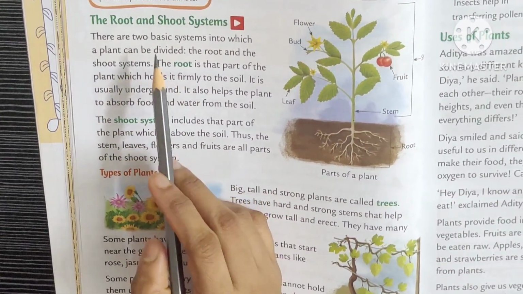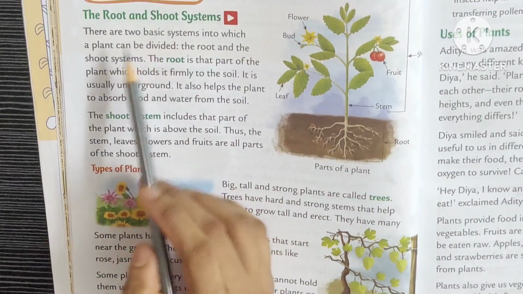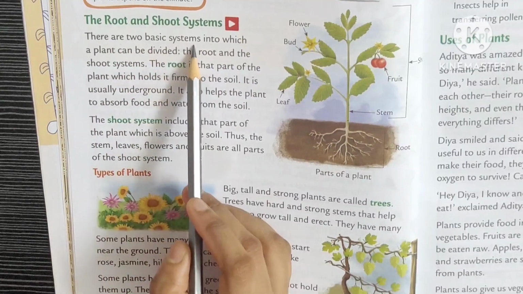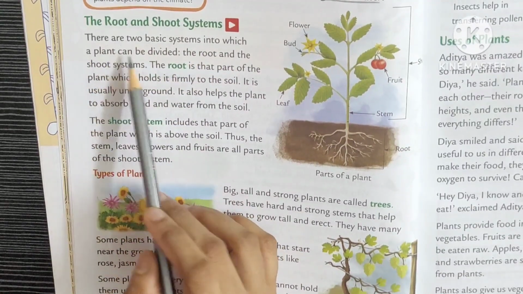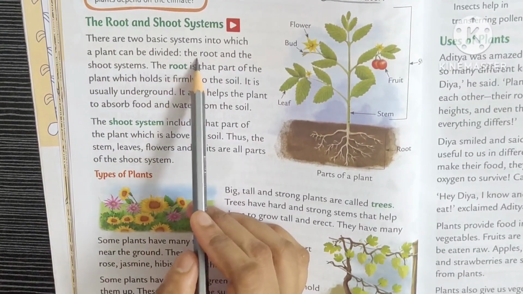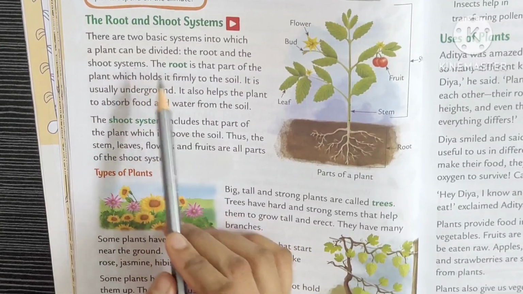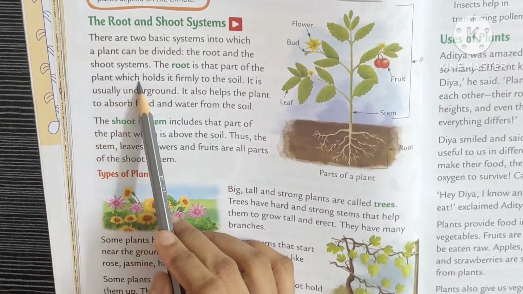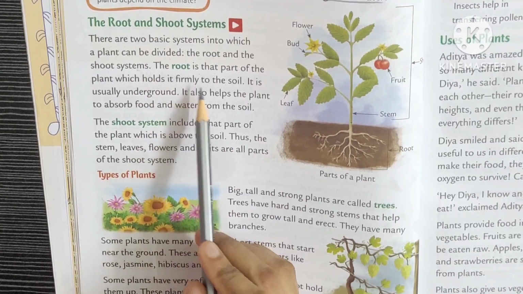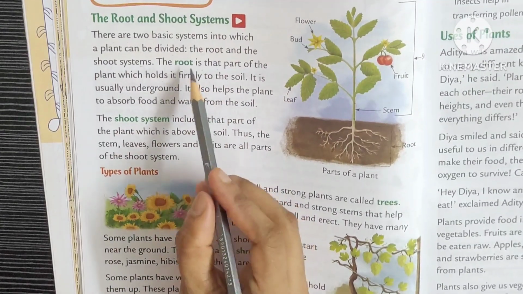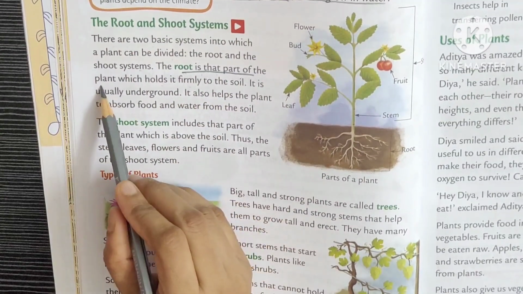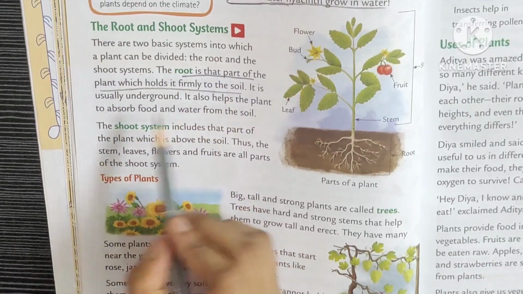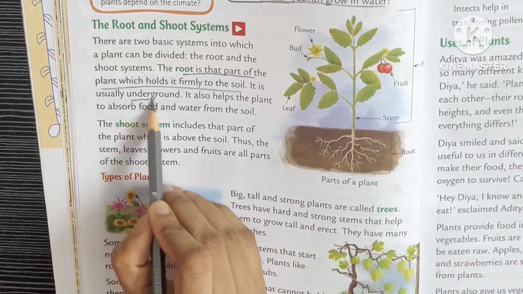The root and shoot systems. There are two basic systems into which a plant can be divided: the root and the shoot systems. The root is that part of the plant which holds it firmly to the soil. It is usually underground.